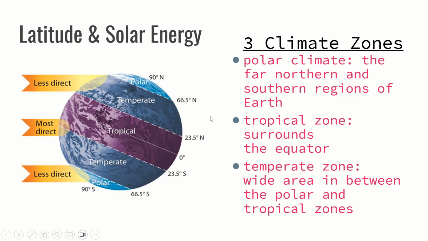The tropical zones surrounding the equator in the purple region are going to be the warmest climate zones, and then the temperate zones between those two, which is a pretty wide area between the two, are going to be the more moderate or temperate climates. And we'll often see the biomes on Earth will match up to these general climate zones.